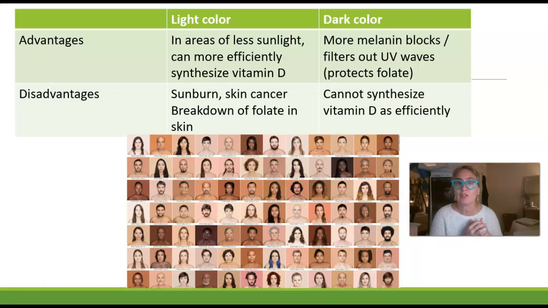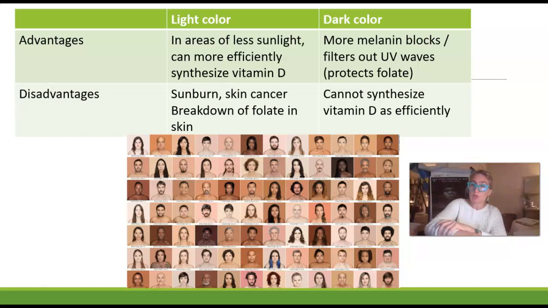So if you have lighter skin, the advantage is that if you live in a very northern place where there's less UV, you go outside for a little while and your body can synthesize enough vitamin D from the sun to help keep you healthy. Disadvantage, if you go to a place where there's a lot of UV, you're going to sunburn quite easily. Not comfortable, it can eventually develop into skin cancer, and even worse, this UV is going to break down the folate in your skin.